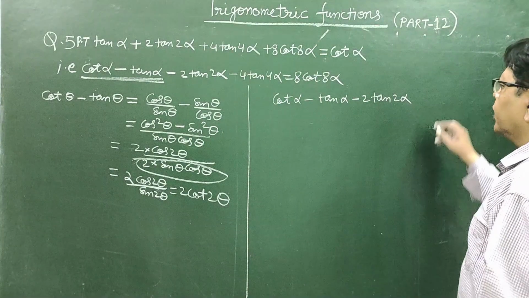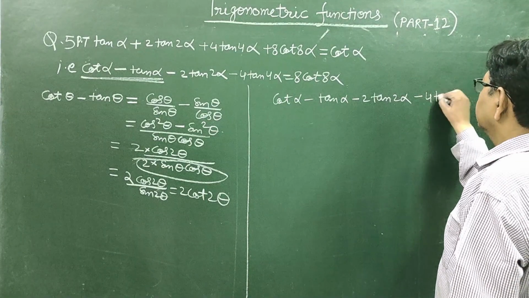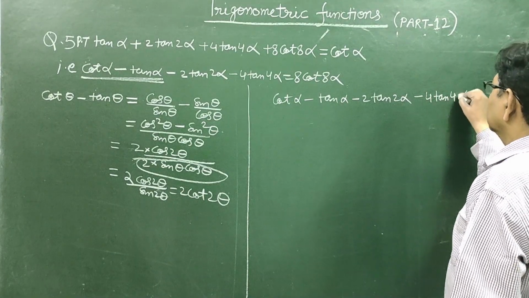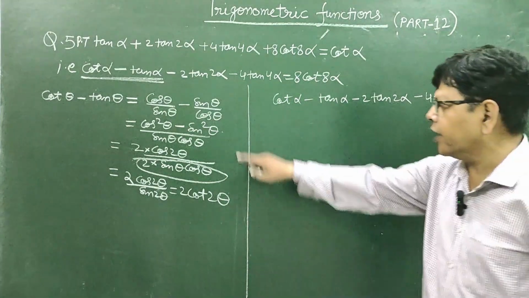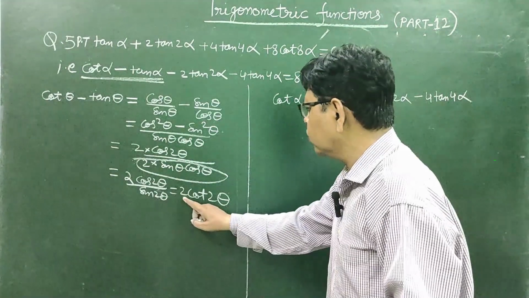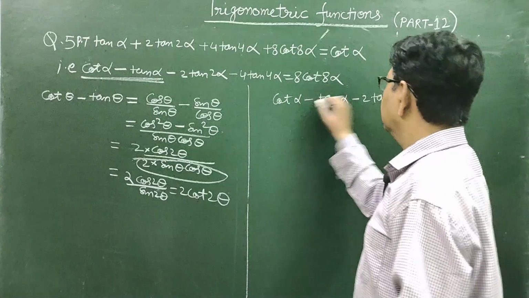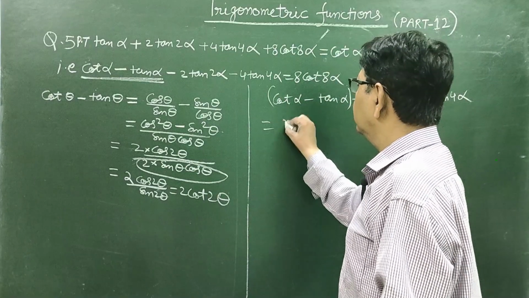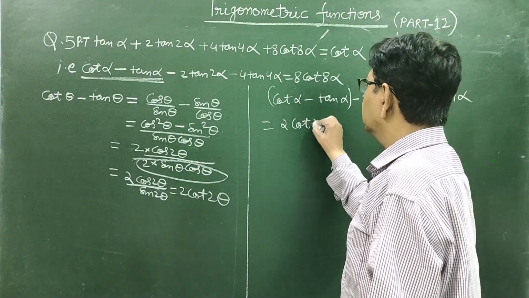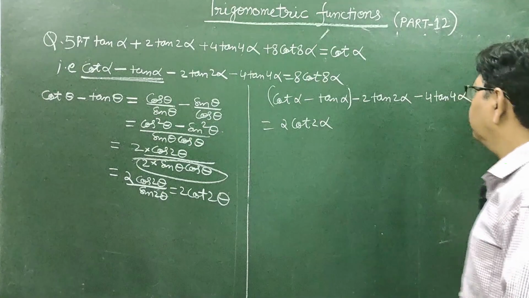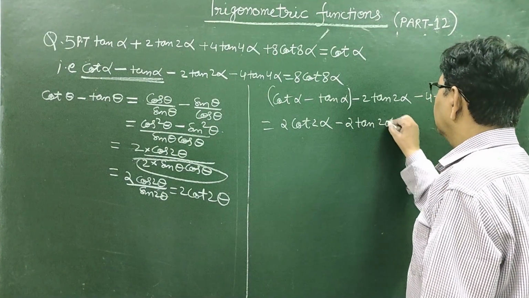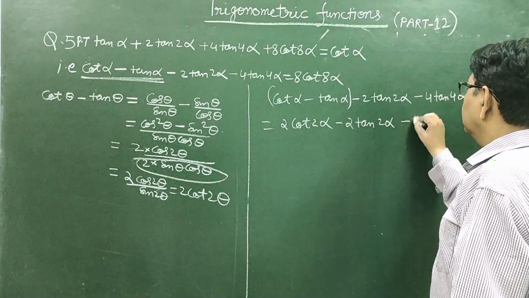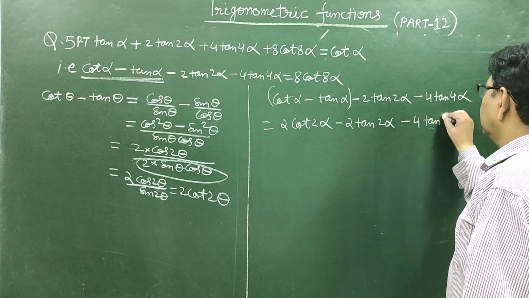then minus 4 tan 4 alpha. Now this cot alpha minus tan alpha, according to this formula, is 2 cot 2 alpha. This together is equal to 2 cot 2 alpha minus 2 tan 2 alpha minus 4 tan 4 alpha.